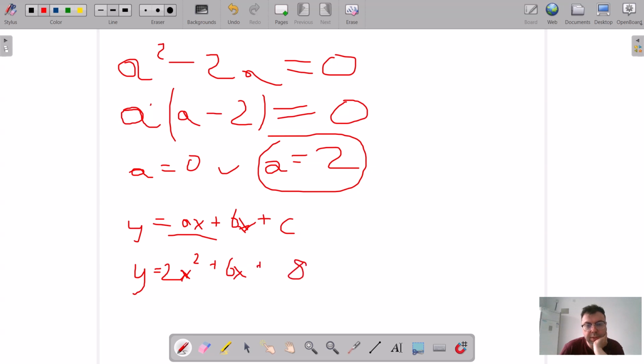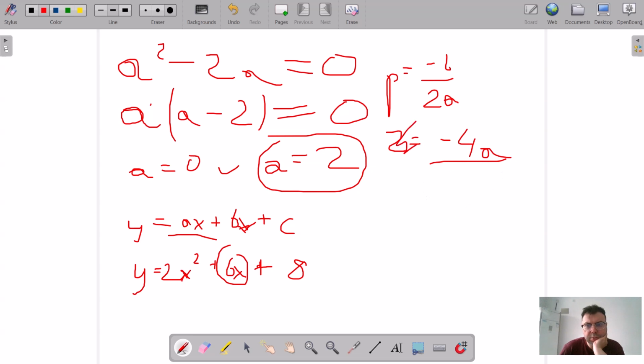We remember that c is 8. So this is the only last thing we need to fill in. We remember that p equals minus b divided by 2a, and we calculated that p was 2, therefore b equals minus 4a.